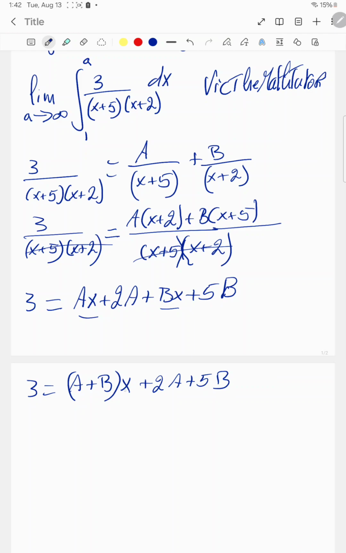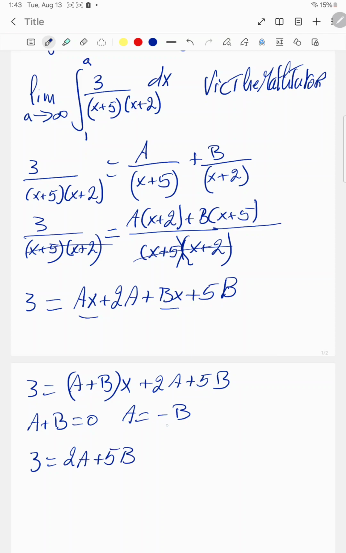Okay, a plus b has a coefficient of x, and I don't have anything with a coefficient of x on the left hand side. So that means a plus b is equal to 0, which means that a equals minus b. And 3 does not have any coefficient, it's a constant, and 2a plus 5b doesn't have any coefficient, they are constant. So I can conclude that 3 is equal to 2a plus 5b.